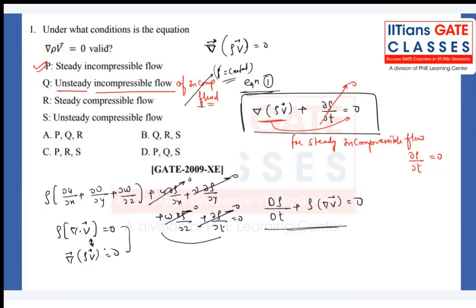Understanding or not? When density is constant, this whole dou rho by dou t term will be gone. Still it is equal to 0. Check it out. It does not require the condition of steadiness.